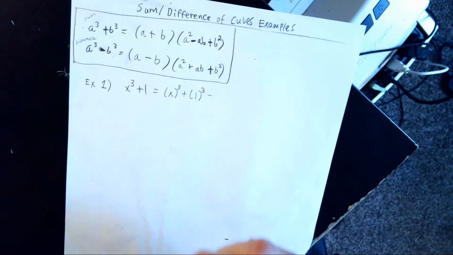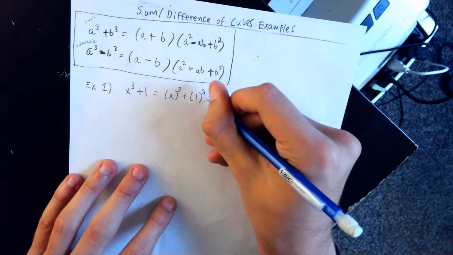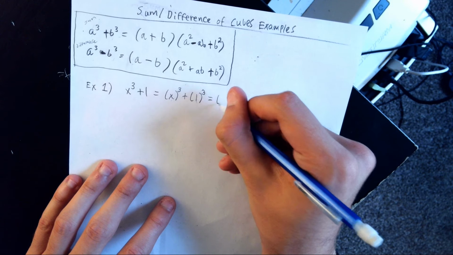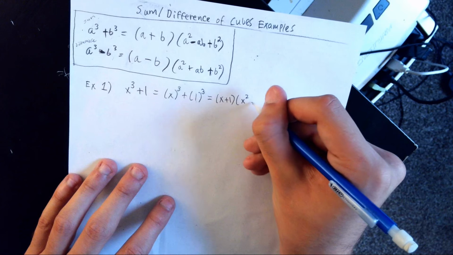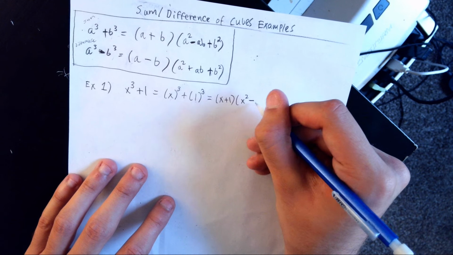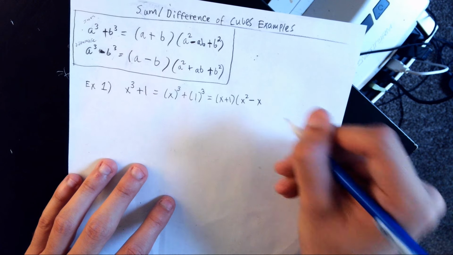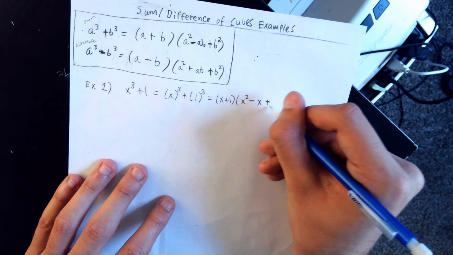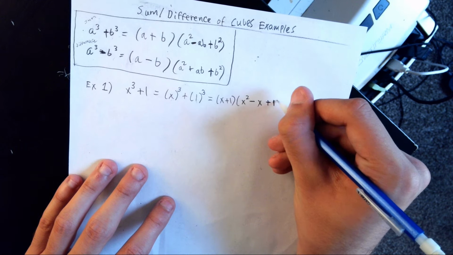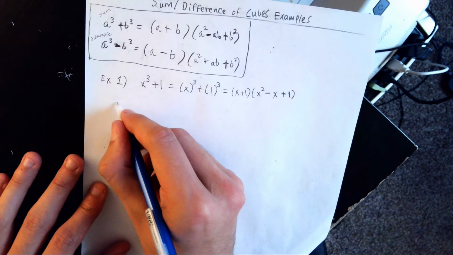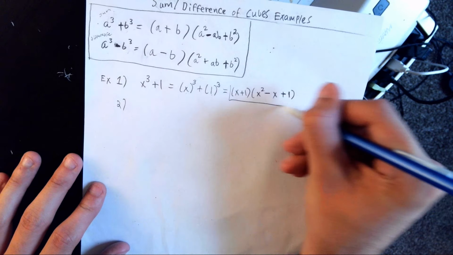We have a plus b. That's the same thing as x plus 1 times x squared. And then the opposite sign, we multiply x and 1, we get x. And then we always have a plus sign, and then we have b squared, which is 1 squared, which is just 1. So this is x cubed plus 1 fully factored.